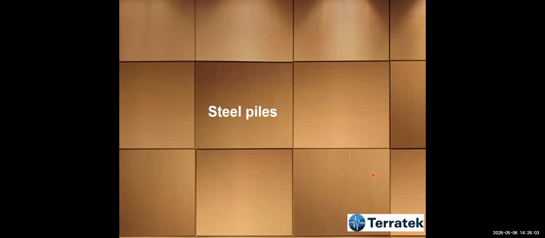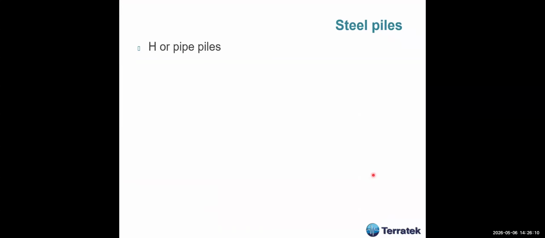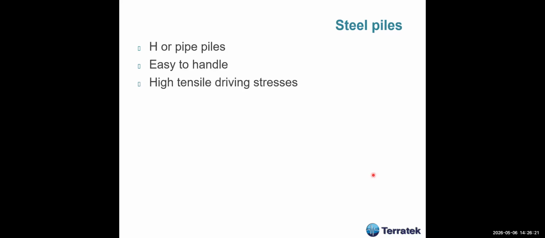Let's talk now about steel piles. Steel piles, you can use H section usually, or sheet piles, okay? They are very easy to handle. They can sustain high tensile driving stresses, and this is very important.